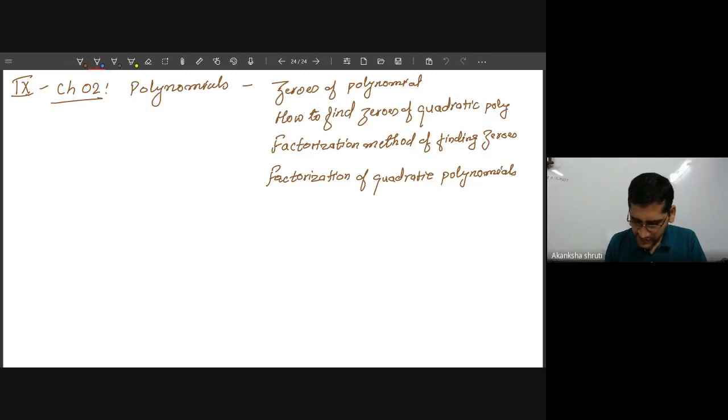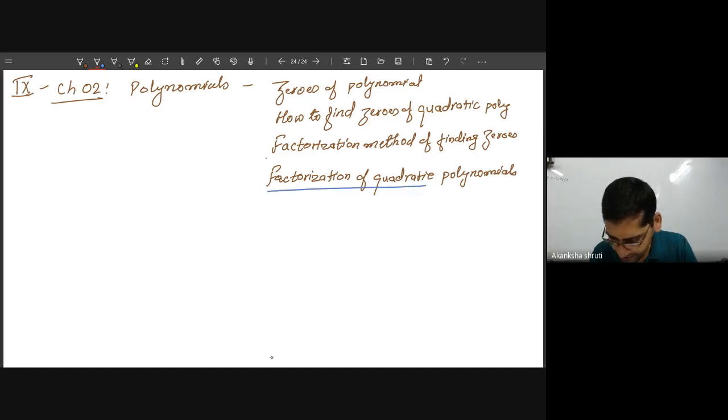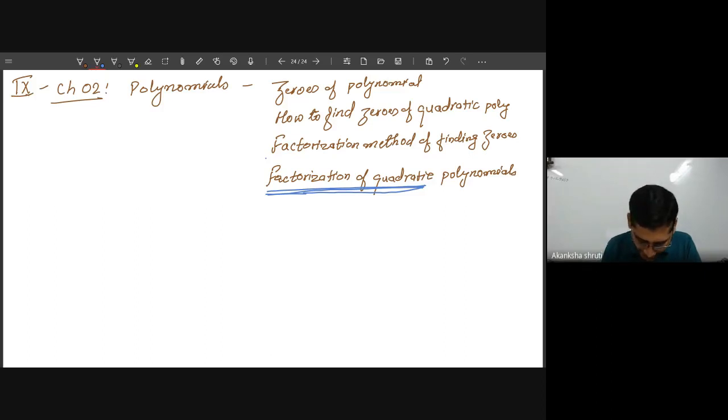Okay, dear students, today we are going to learn the new topic called factorization of quadratic polynomial. So what is factorization of quadratic polynomial and how is this useful in finding the zeros? We have learned about the zeros, but how to find zeros?